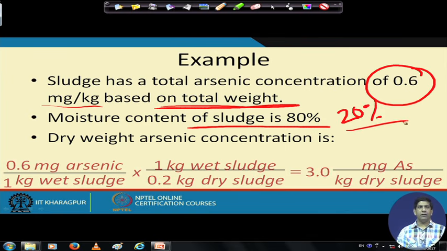So out of 100 units of this sludge, 80 units are just water and 20 units are solids. Now, in terms of dry weight arsenic concentration, if the wet weight basis is 0.6, how much will the dry weight be? Most of these solid waste problems are not difficult.